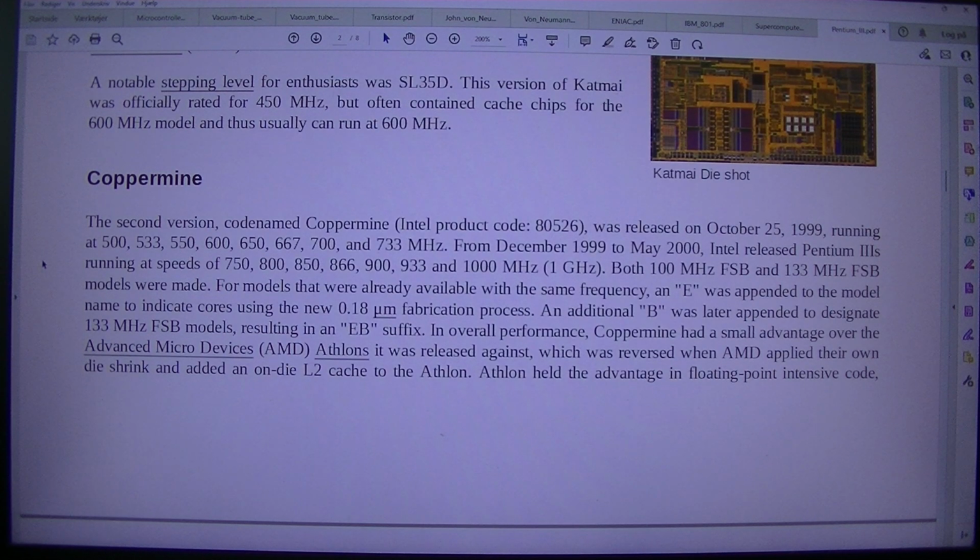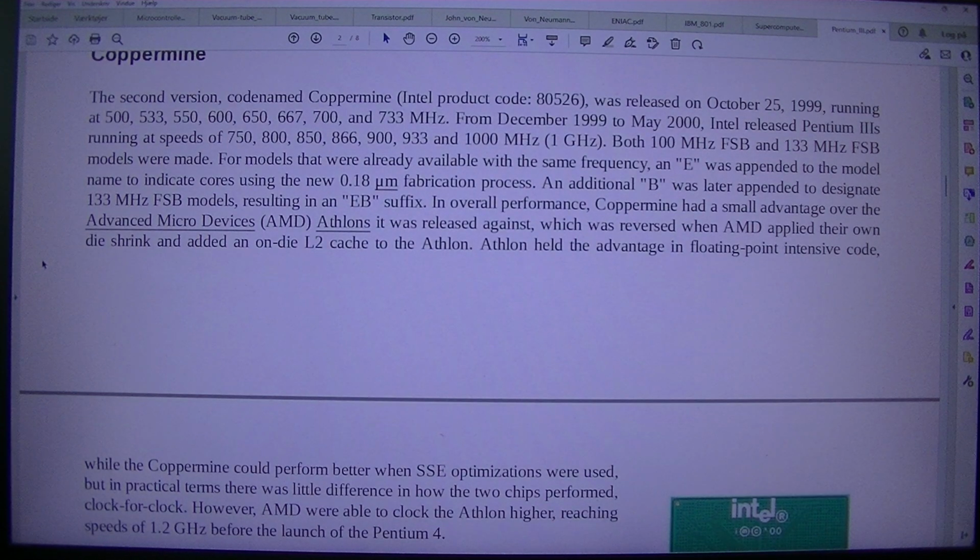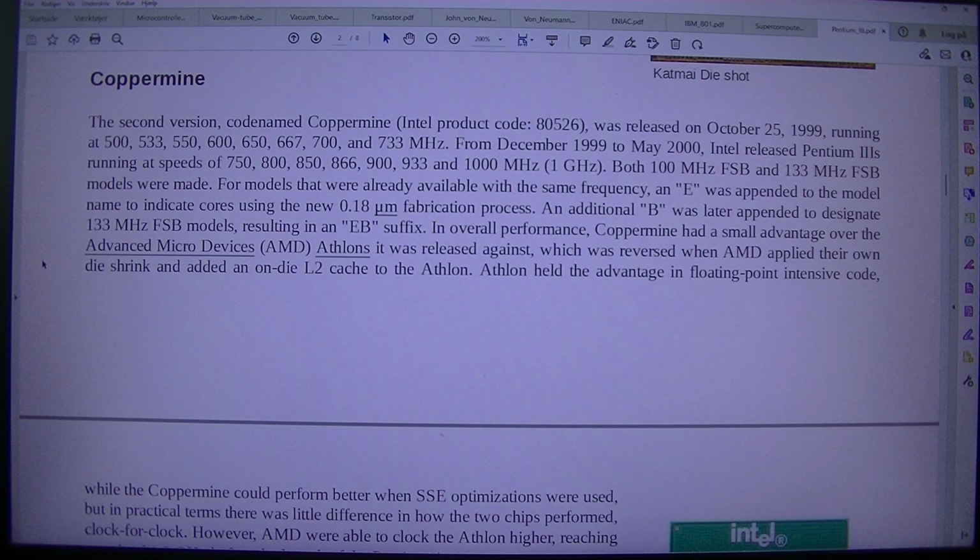Coppermine. The second version, codenamed Coppermine, Intel product code 80526, was released on the 25th of October 1999, running at 500, 533, 550, 600, 650, 667, 700, and 733 MHz.